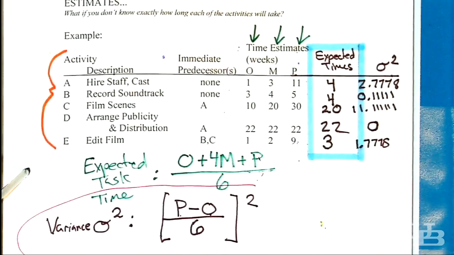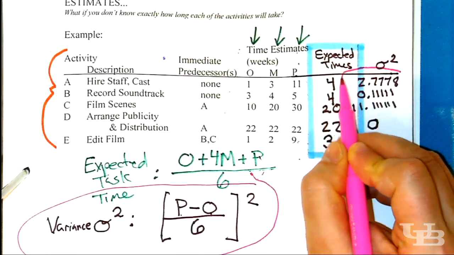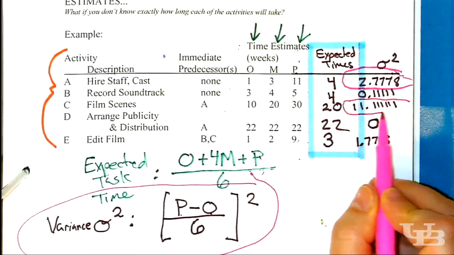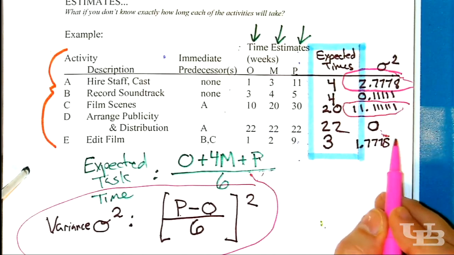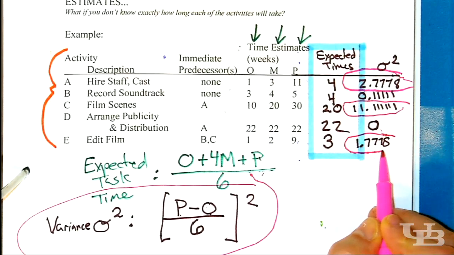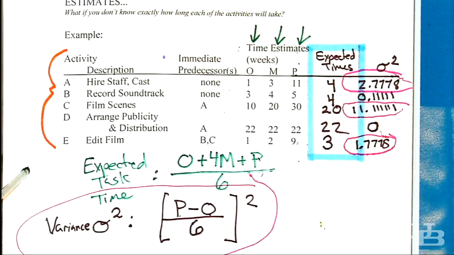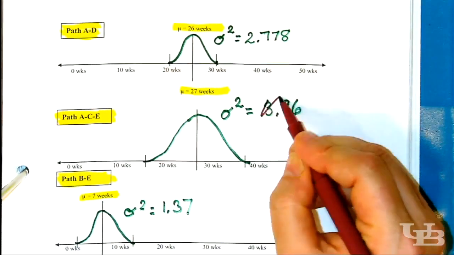That was this formula. Now to find the variance in path ACE, pull out A, pull out C, and pull out E. Oh, I copied down the wrong number. You're probably wondering, how did you get 3.96? Sorry about that.